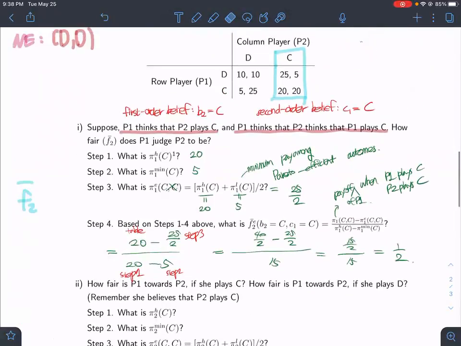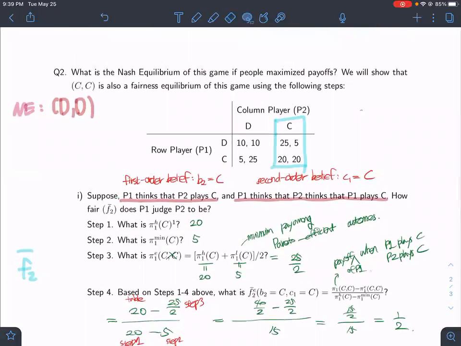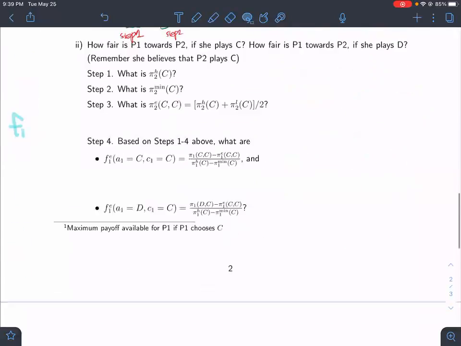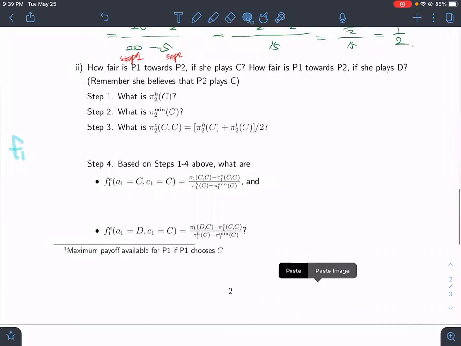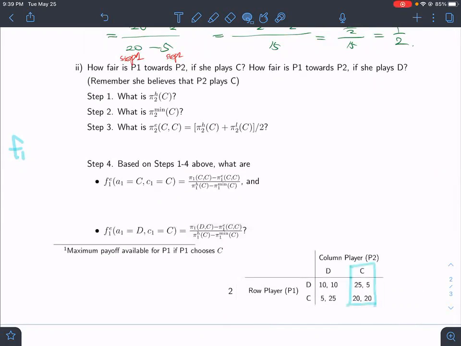Let me copy and paste this one. Paste image here, so we have a small box to see what is going on. What is pi 2h?